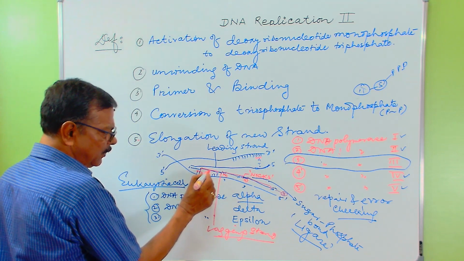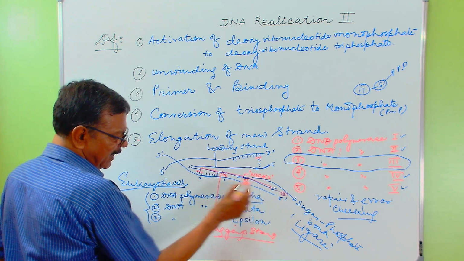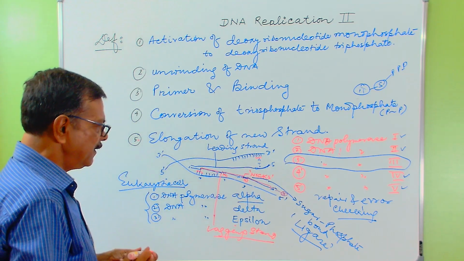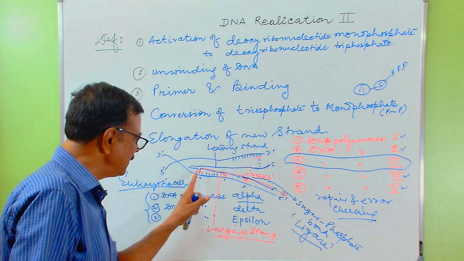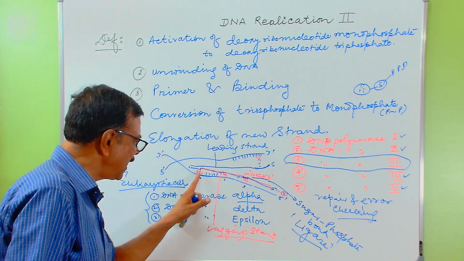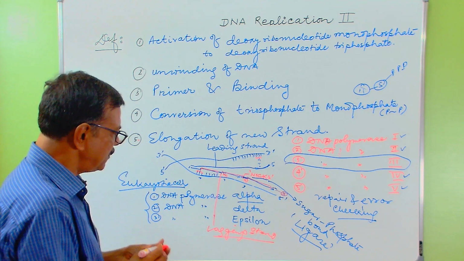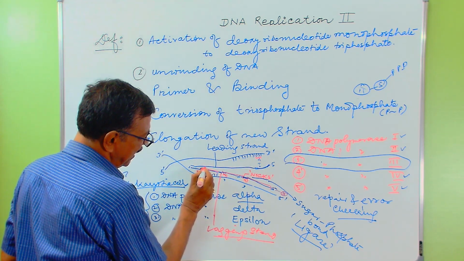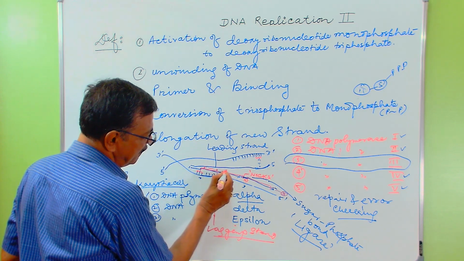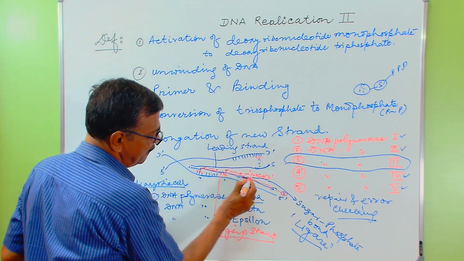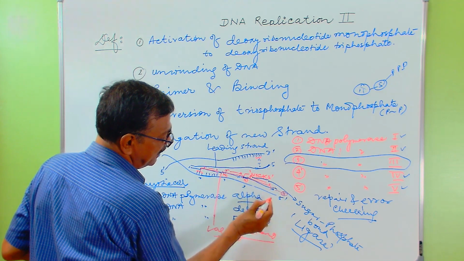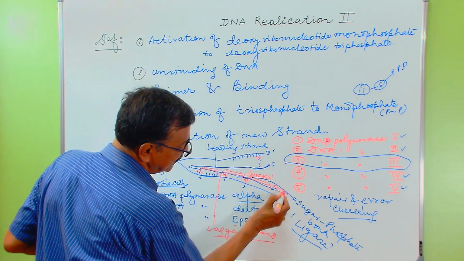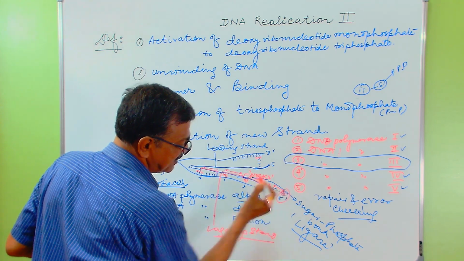Although the lagging strand cannot start from 5 prime, the RNA primer sits in such a way that it starts from 5 prime to 3 prime, and again here 5 prime to 3 prime. So it will be adjusted.